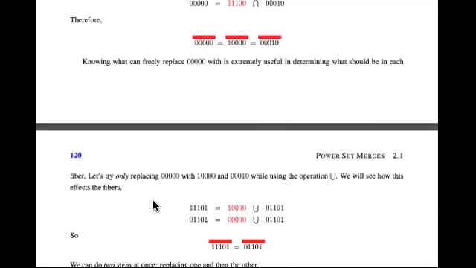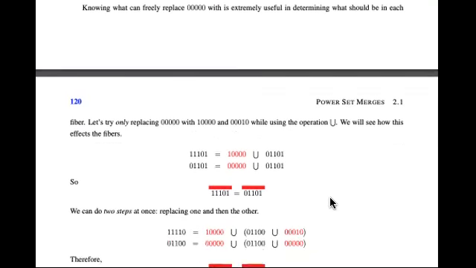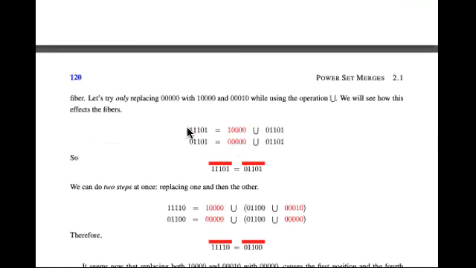Okay, so let's try only replacing the empty set with those two guys while using the union operation. Let's see what happens. So take a subset like this, and it's going to be equal to that union something else.